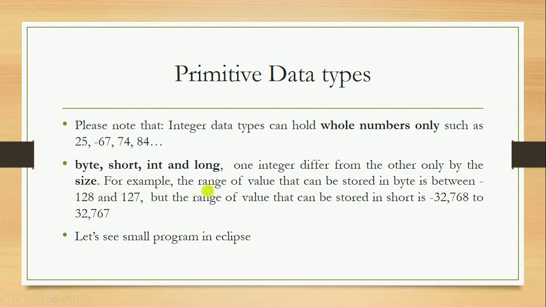For example, the range of the value that can be stored in byte is between negative 128 and positive 127, as we have seen in our previous table. But the range of value that can be stored in short is from negative 32,000 to positive 32,000.